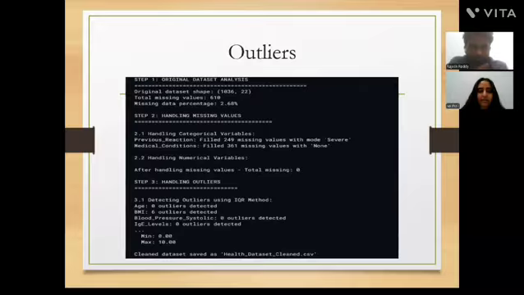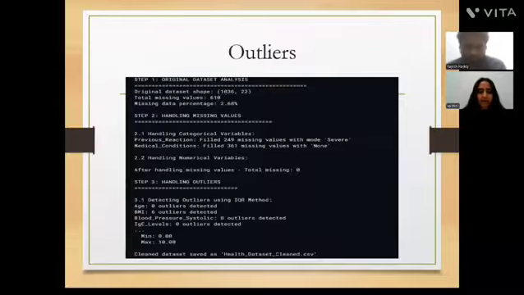After step 2, we have step 3, that is handling outliers. We use the IQR method to detect whether there are any outliers. There are some outliers in the blood pressure column, because some values are 0, or some values are above 200, which are complete outliers.